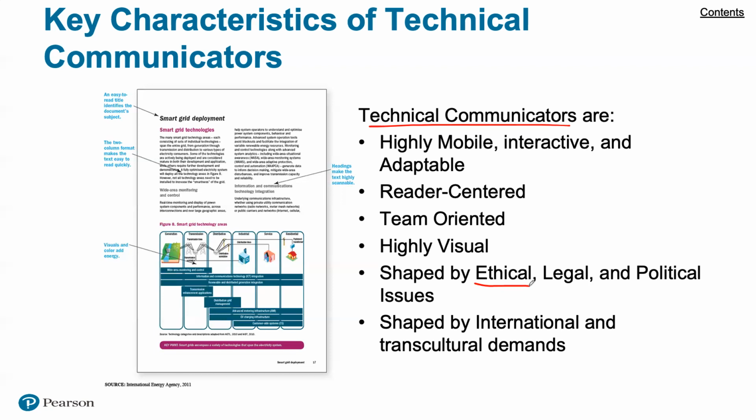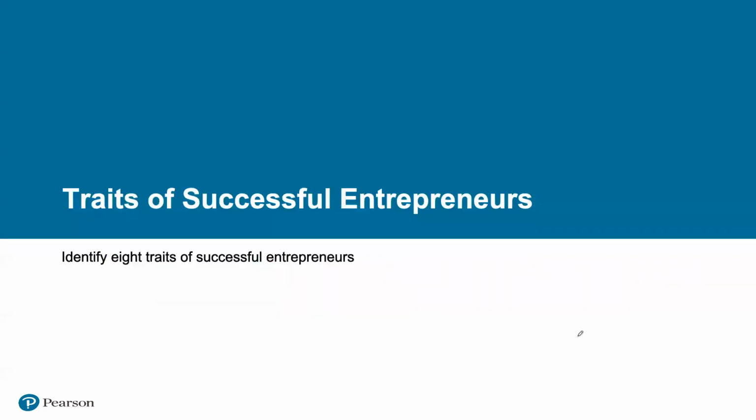In the context of what we're trying to do in a Christian institution, we want to be thinking about that perspective, and so our ethical standards are high. And it's shaped by international and transactional demands, so you need to be thinking about your audience. If you have an international audience, there are nuances you're going to have to think about, because your words may actually mean different things as you go cross-cultural.